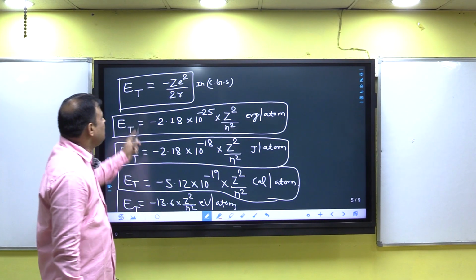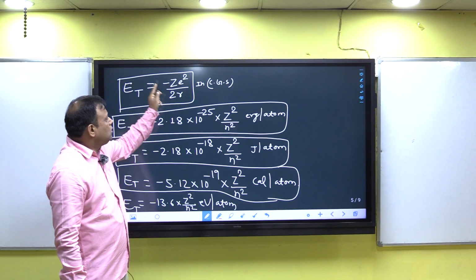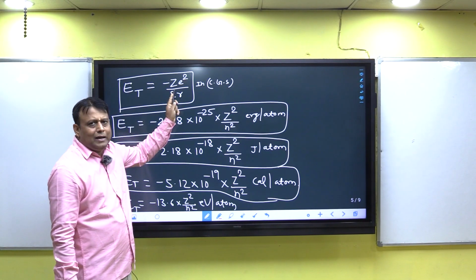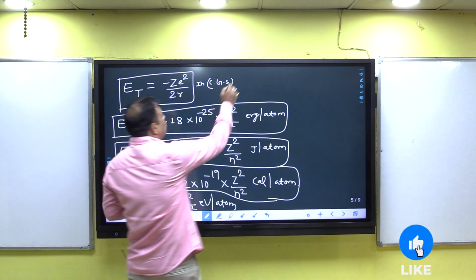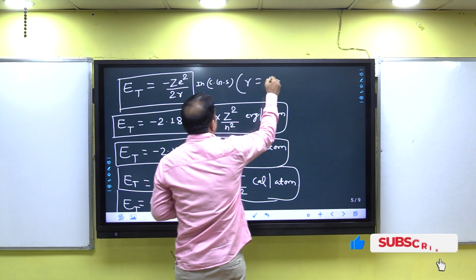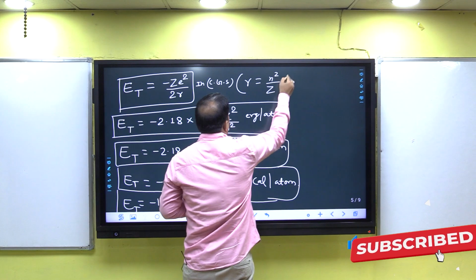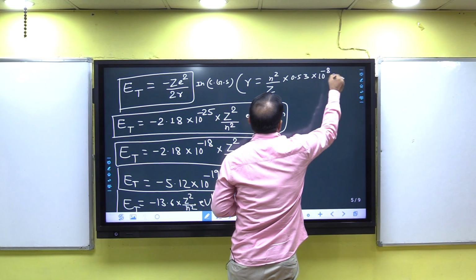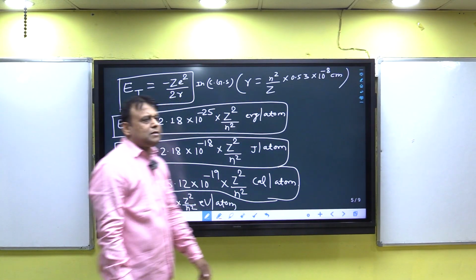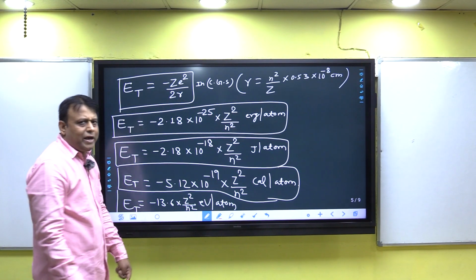In CGS system, when we put in all the values, the charge of the electron and the radius, and we know that the radius is equal to n² by Z into 0.53 into 10 to the power minus 8 cm in CGS system, because it is 0.53 angstrom.